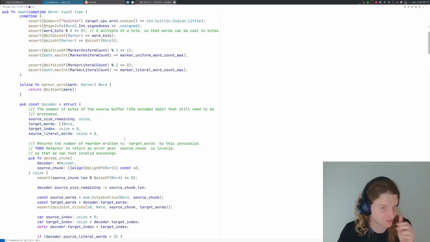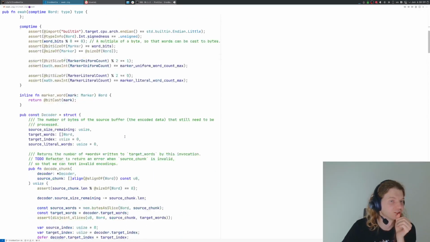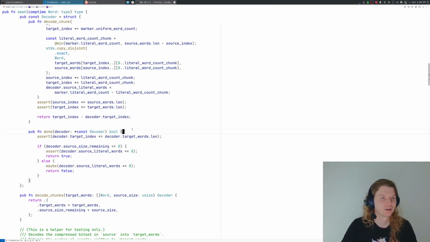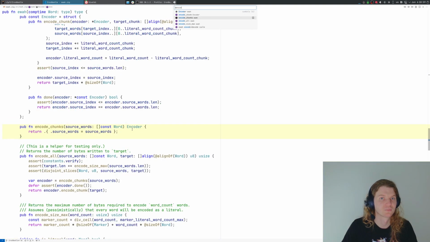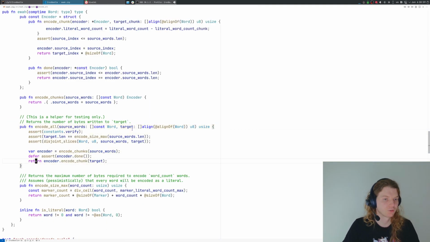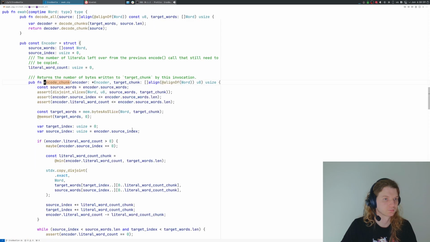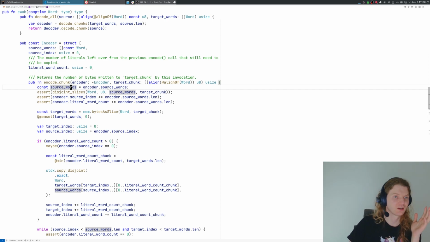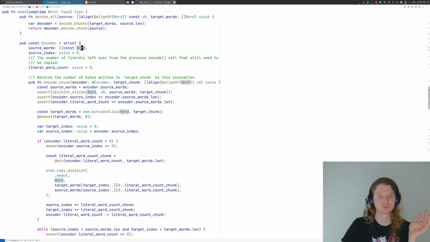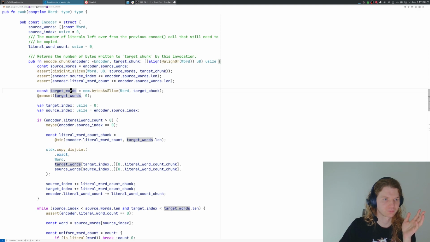Okay, let's go and see this: encode chunk. We have our source words; this is our bit set, but sliced into U64s, and we encode it into the target words.